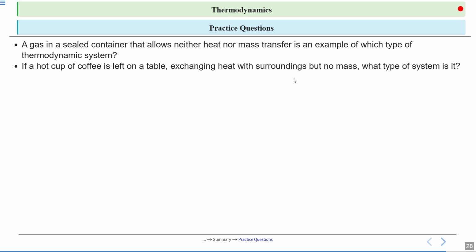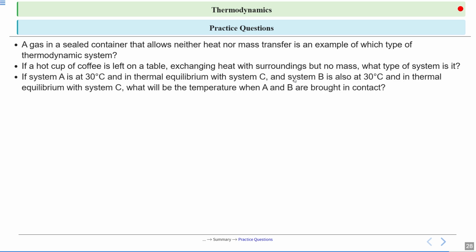Third, if system A is at 30 degrees Celsius in thermal equilibrium with system C, and system B is also at 30 degrees Celsius in thermal equilibrium with system C, what will be the temperature when A and B are brought in contact?